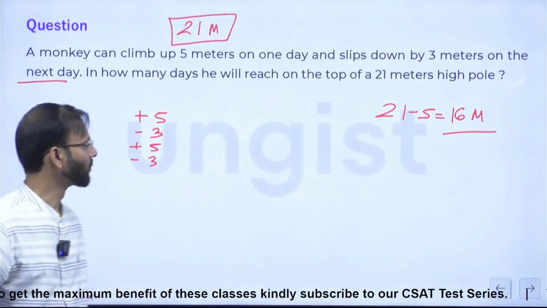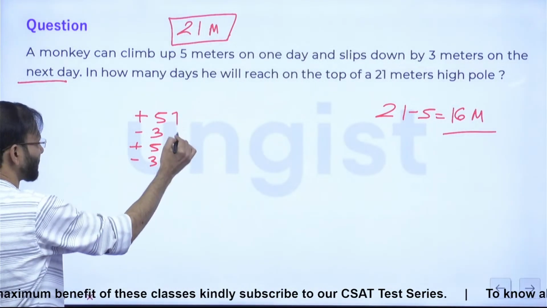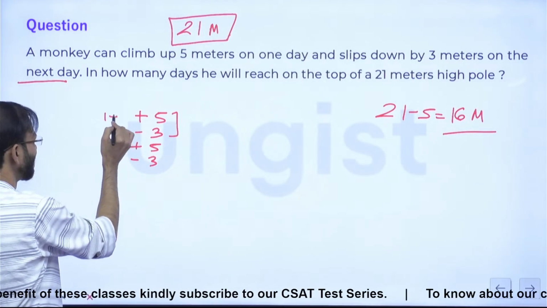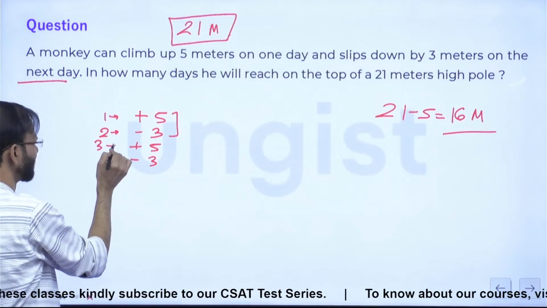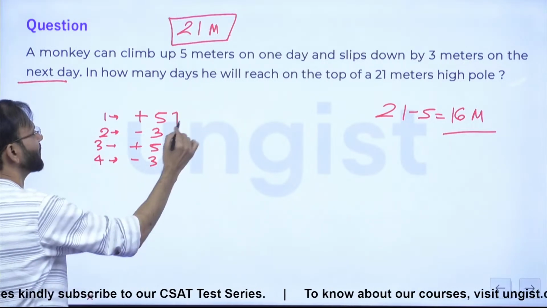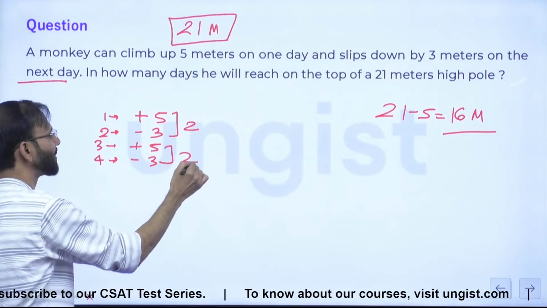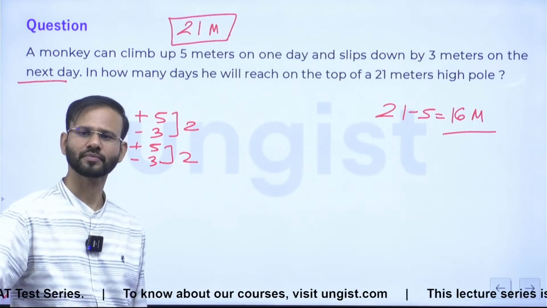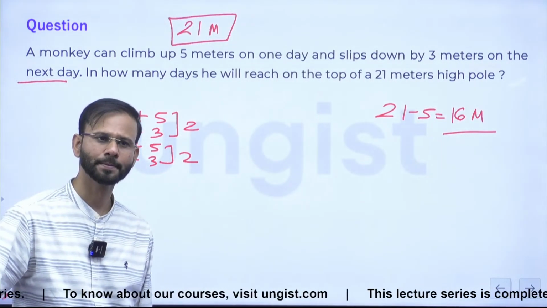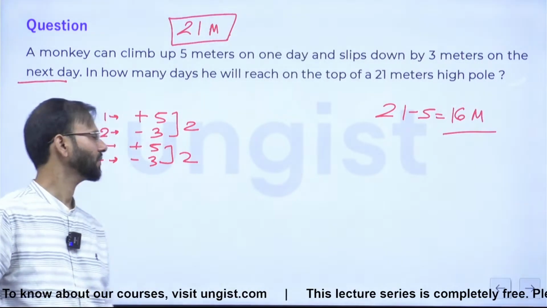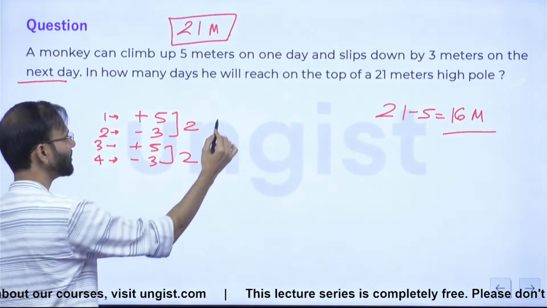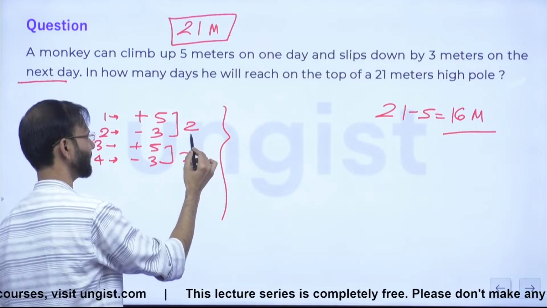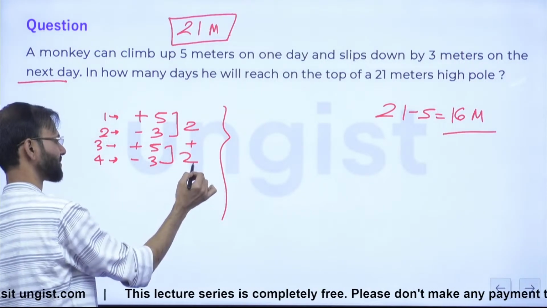Right? Now guys, इधर देखिए जरा. This is one day, this is second day, this is third day, this is fourth day. Correct? So in every 2 days the monkey is climbing up by 2 meters, 2 meters, 2 meters. Right? So for 16 meters, see, in 4 days he is climbing 4 meters.